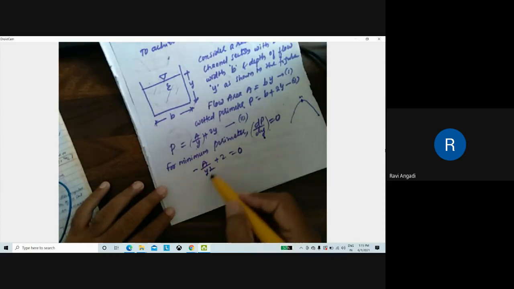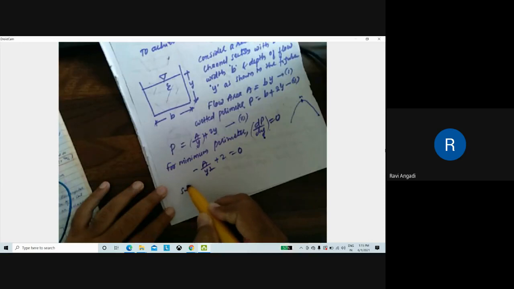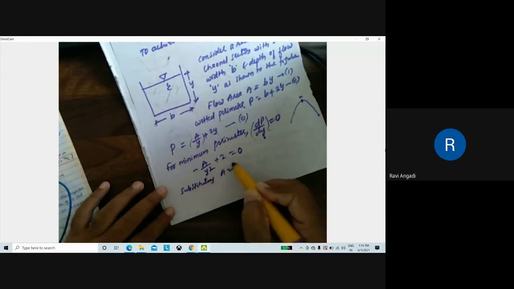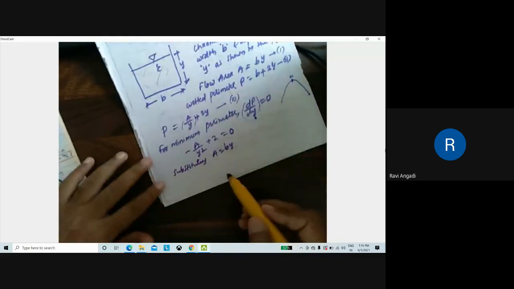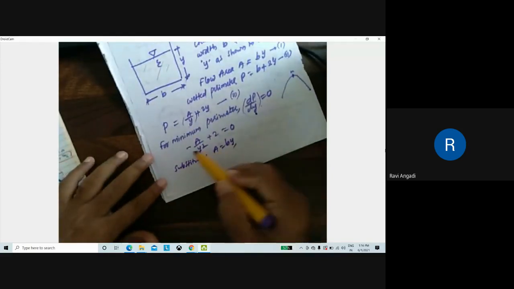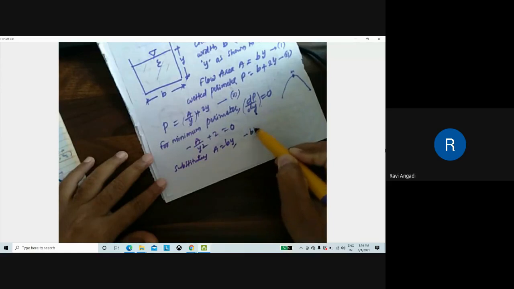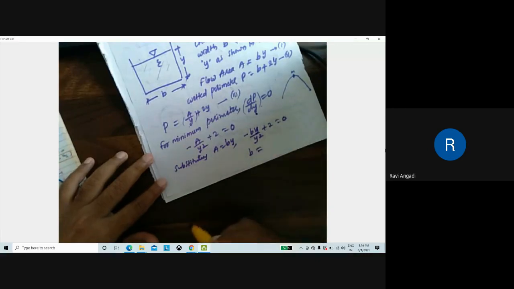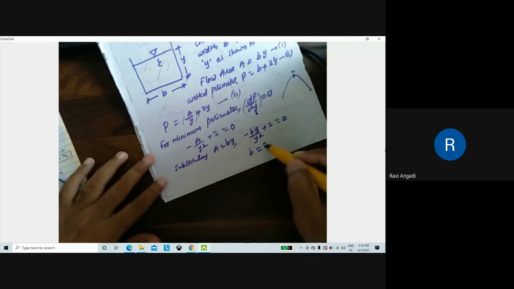Then substituting the value of A, which is B into y, I get minus B into y divided by y square plus 2 equal to 0. Then what do you get here? B equal to 2y.